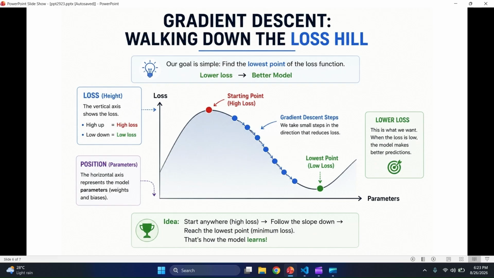The gradient gives us information about the direction we should move, so we take small steps, one after another, trying to move toward the lowest point, and the step size is controlled by something called the learning rate. So basically, gradient descent is about adjusting the parameters so the loss becomes smaller. And we don't do this just once. We repeat this process again and again, and hopefully the model gets better with each round of training.